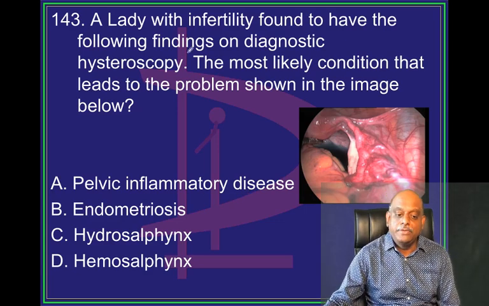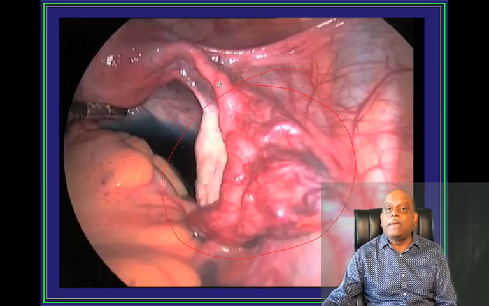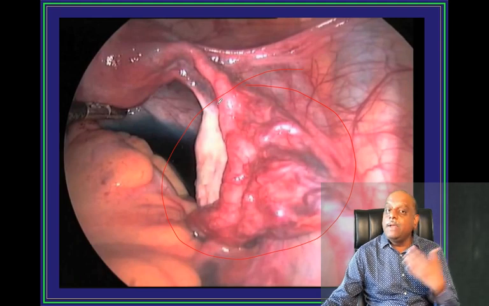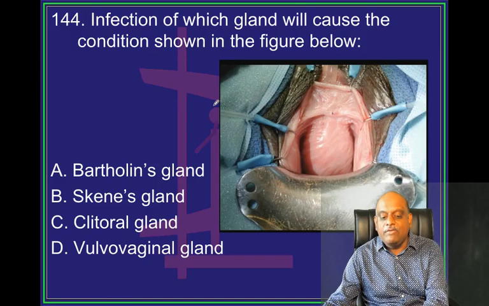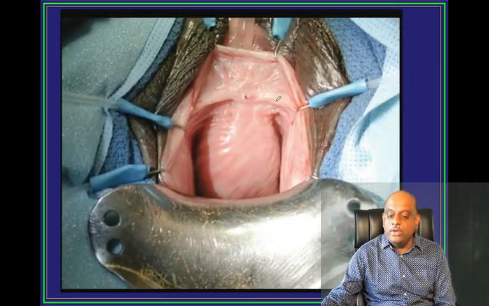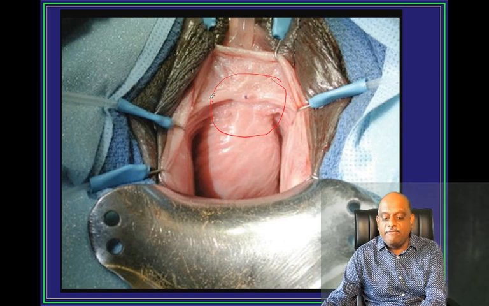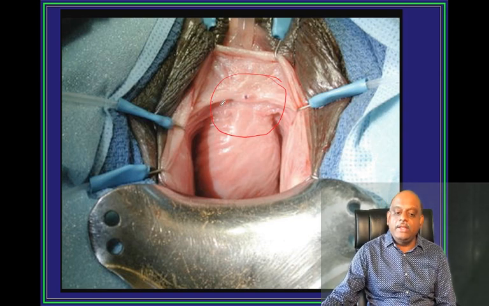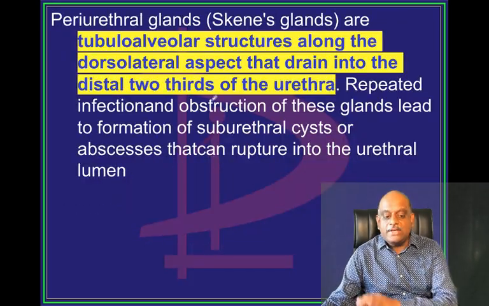A lady who has got infertility and her laparoscopic finding is showing presence of a lot of adhesions, which are classical feature of pelvic inflammatory disease. Infection of which gland will typically lead to these classical findings when you are doing the pervaginal examination? So it is the Skene's glands.